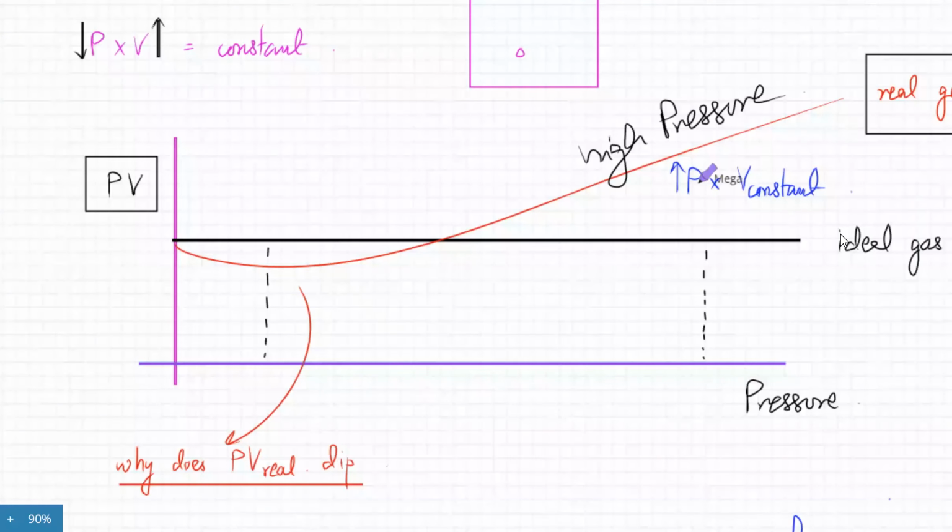You increase pressure, the volume goes down, right? But now at very high pressures, the volume is now stuck. So if you keep on increasing pressure, the product P into V would continuously increase because you're increasing pressure and the volume is now constant. You're stuck with the volume. So therefore, it just continuously increases.